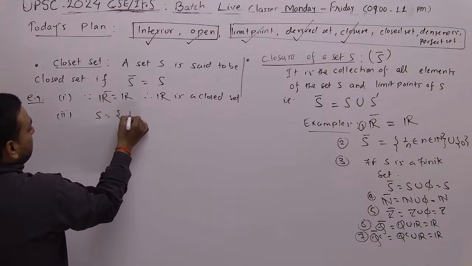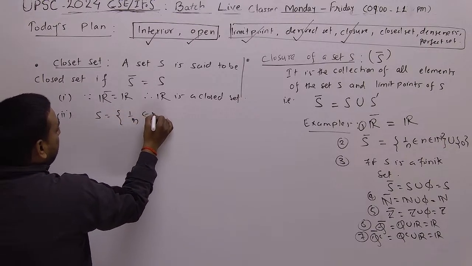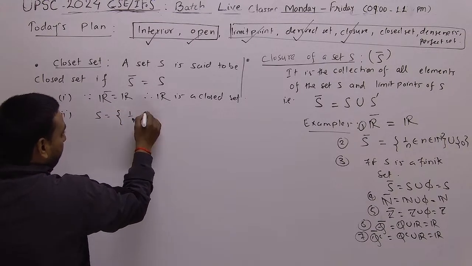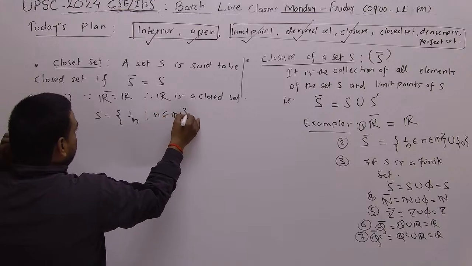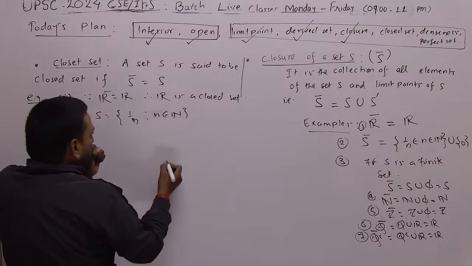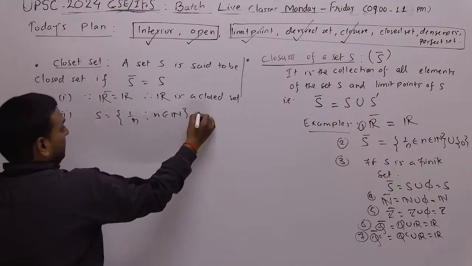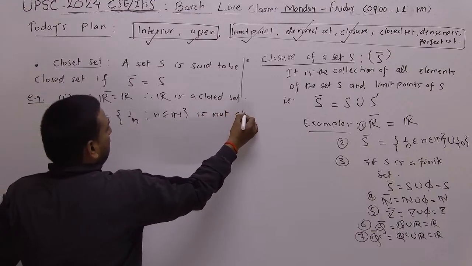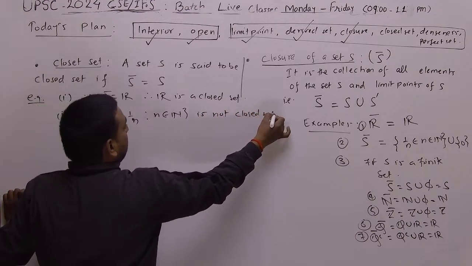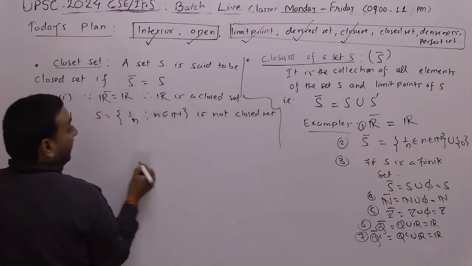Second example: S equals 1 by n, where n belongs to the natural numbers, is not a closed set. Why?